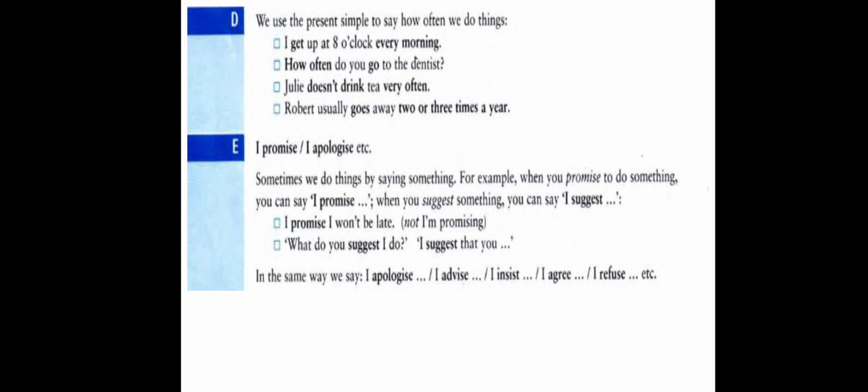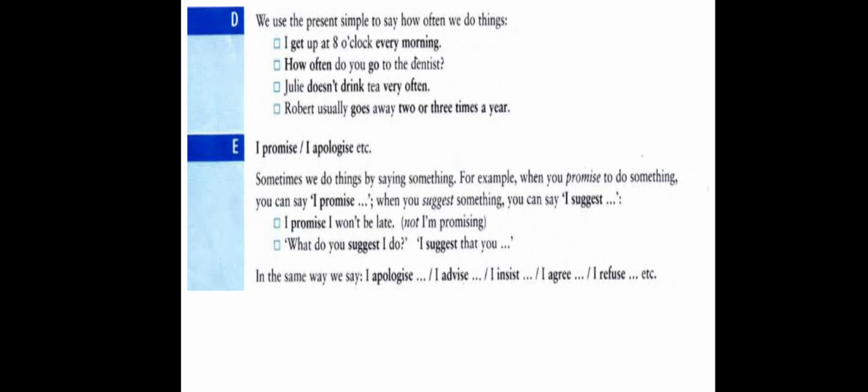How often do you go to the dentist? Here we have often, adverb of frequency. So we ask about repeated action. So we say I go to the dentist 2 times in the month or twice a month.